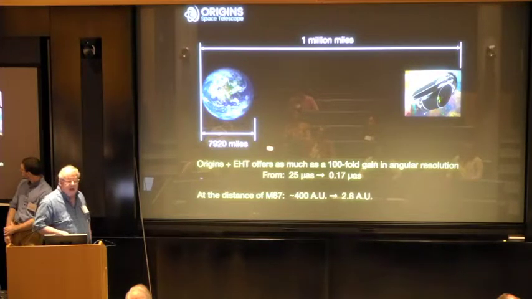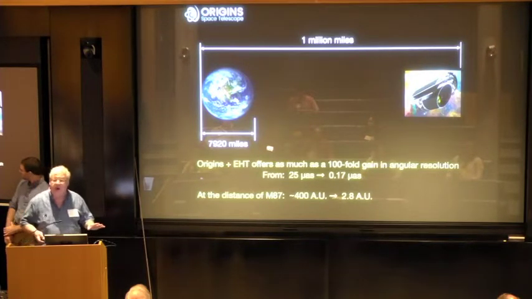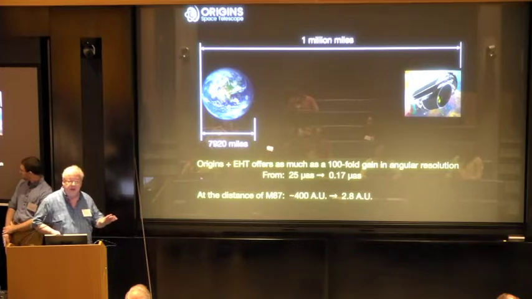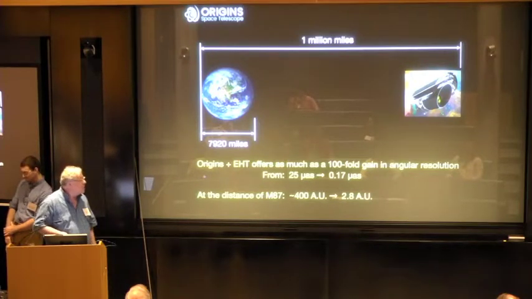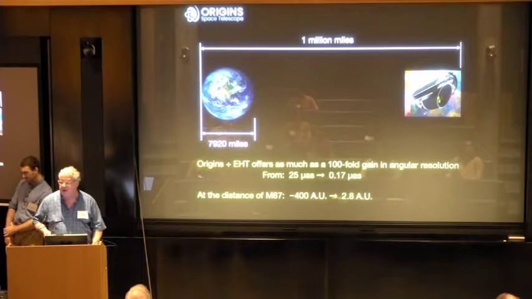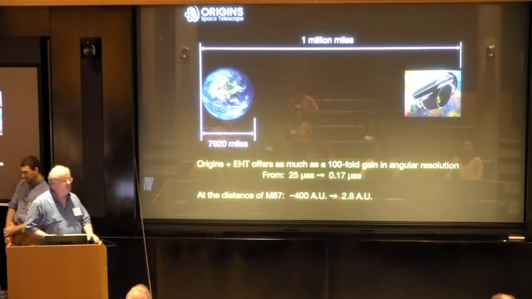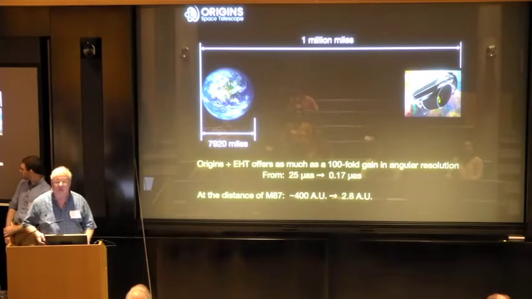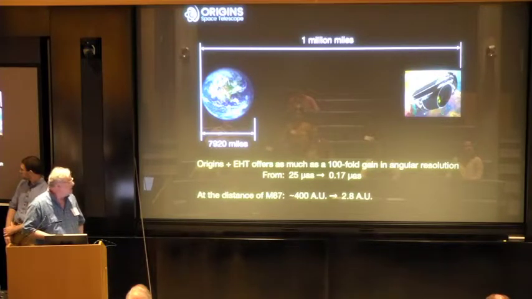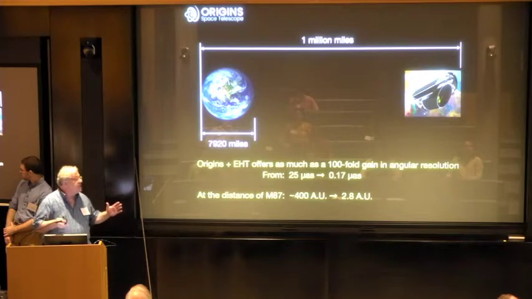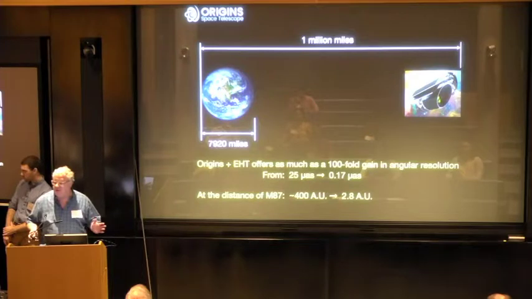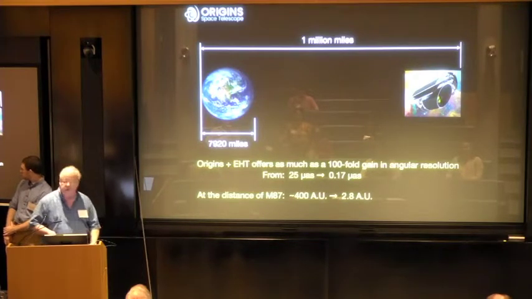Specifically, right now, and Dom, you can correct me if I'm wrong, the spatial resolution in the spectacular M87 image was about 25 microarcseconds. With the addition of Origins, that could bring it down to about 0.17 microarcseconds. And in terms of linear distance, the linear spatial scale at M87 was about 400 AU. With Origins, we could reduce that to under 3 AU.